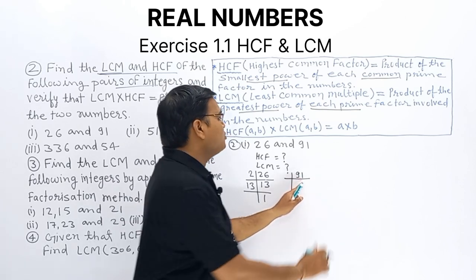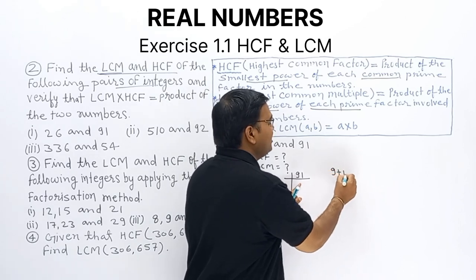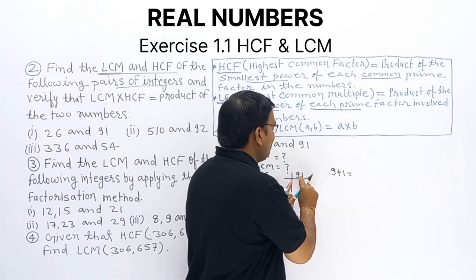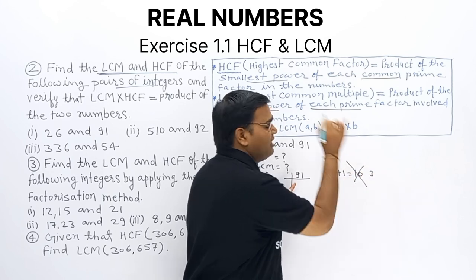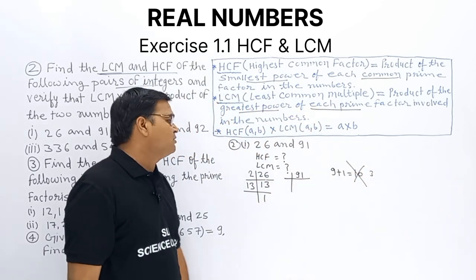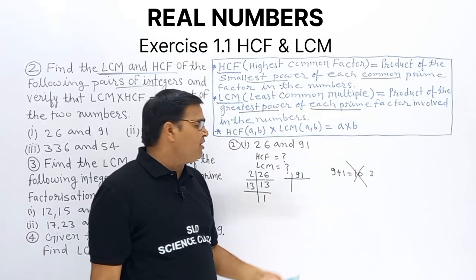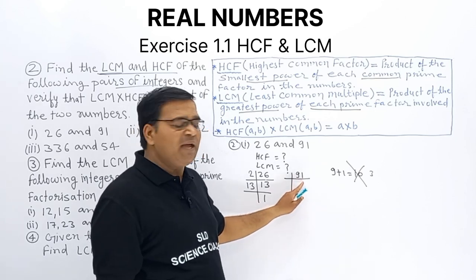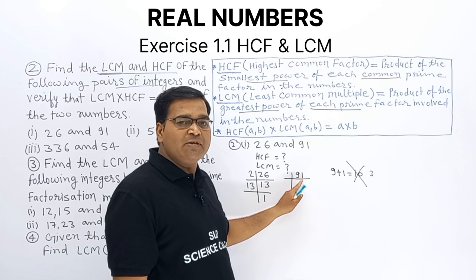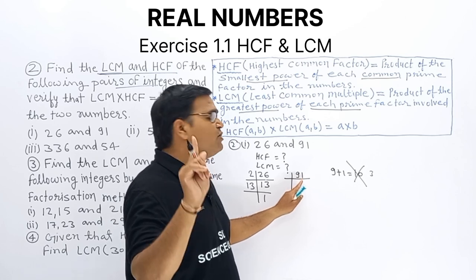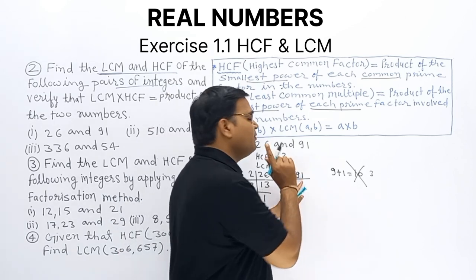No. Why? Because the sum of digits of the number is 10 and it is not a multiple of 3. So we cannot use 3. The next prime number is 5. Can we divide this number by 5? No. Why? Because the unit place is having 1. For divisibility by 5, we require the unit place to be 0 or 5. So we cannot divide by 5.